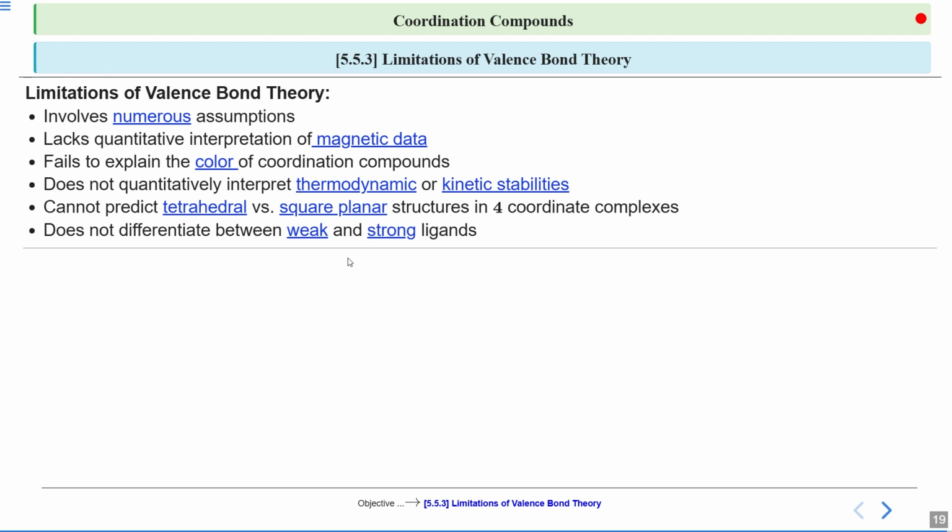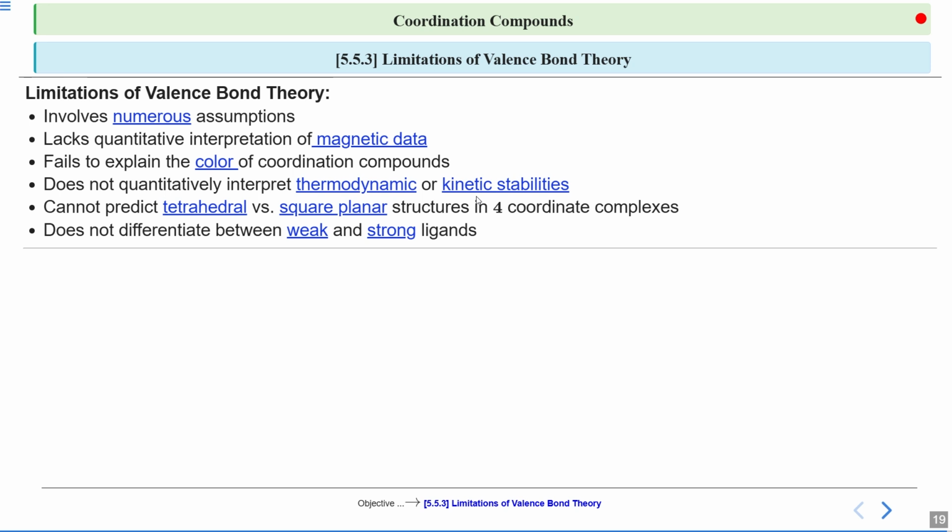If you talk about these limitations of the valence bond theory, we have observed that first of all, it has so many assumptions. It doesn't interpret the quantitative data of magnetic properties of coordination compounds. It doesn't even explain the color shown by coordination compounds, which is due to the electronic transition of d orbitals, a concept not addressed by the valence bond theory.